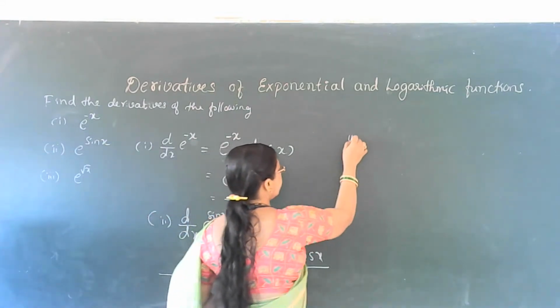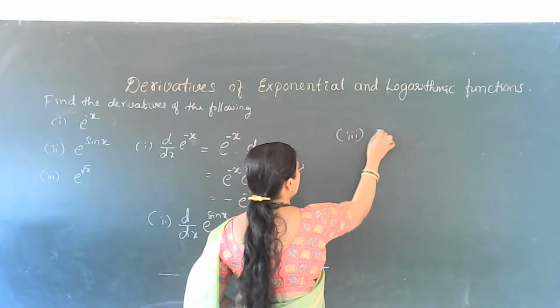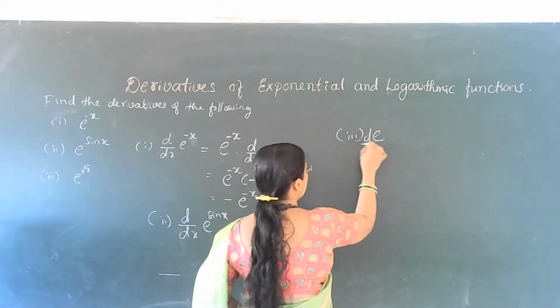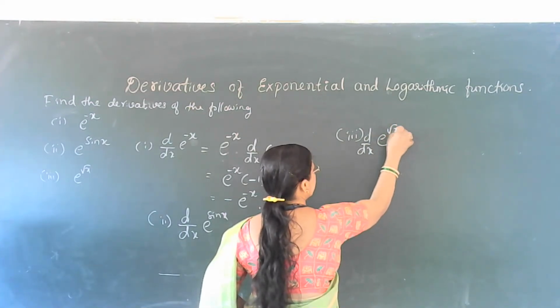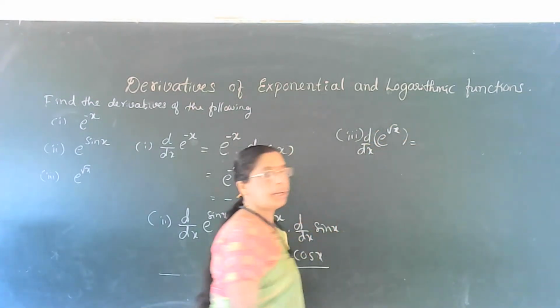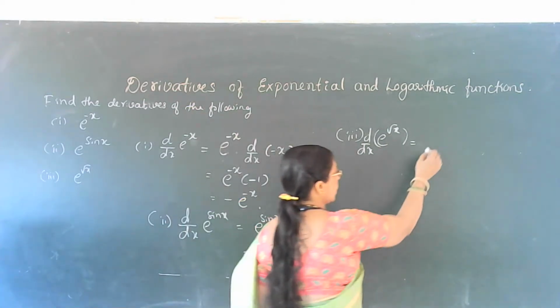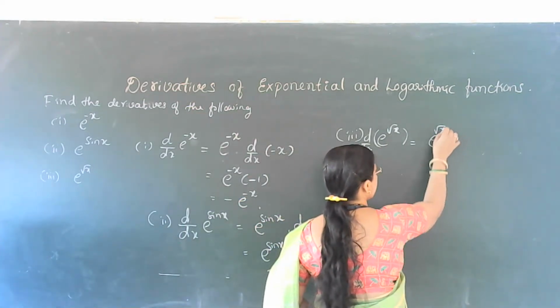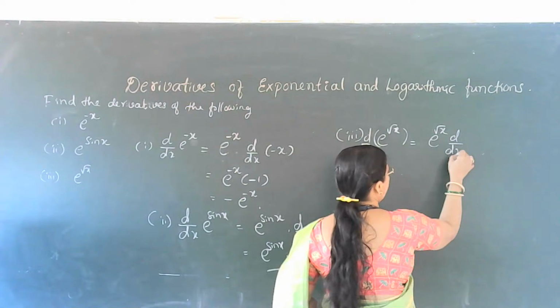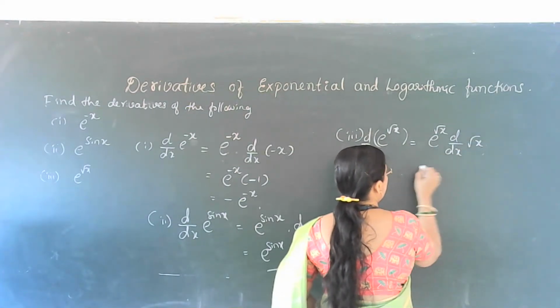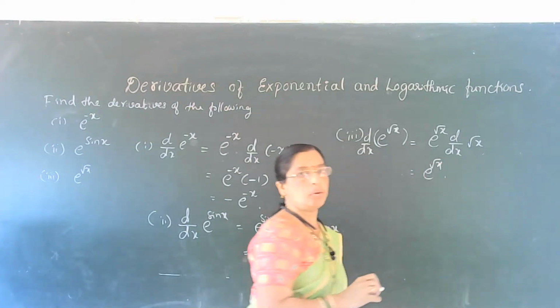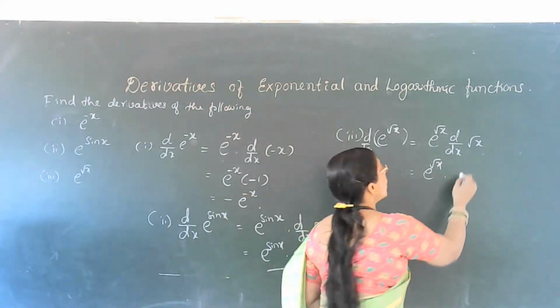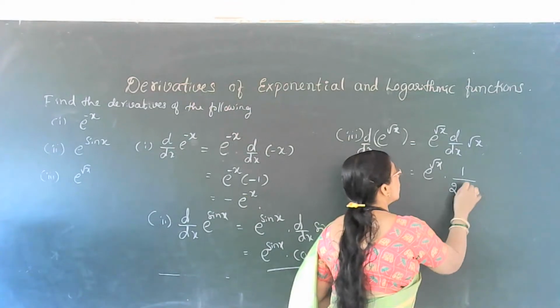Then the third one, e to the power root x. The derivative is e to the power root x, and the derivative of root x is 1 by 2 root x.